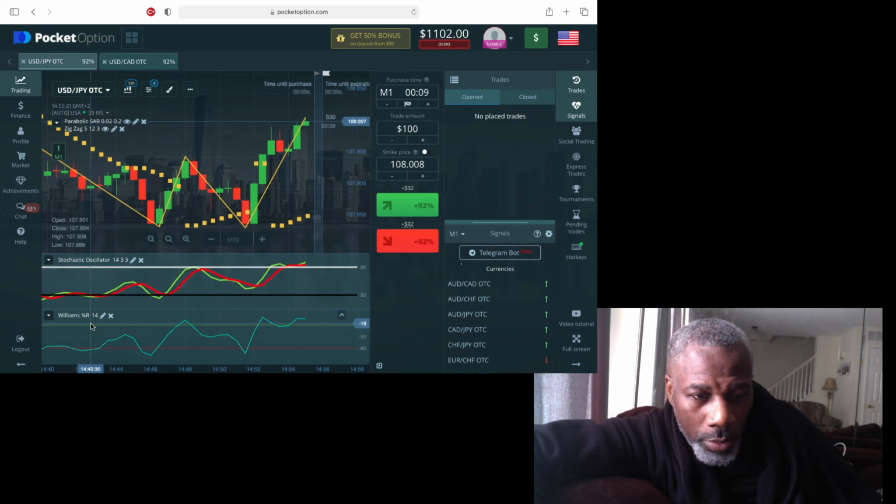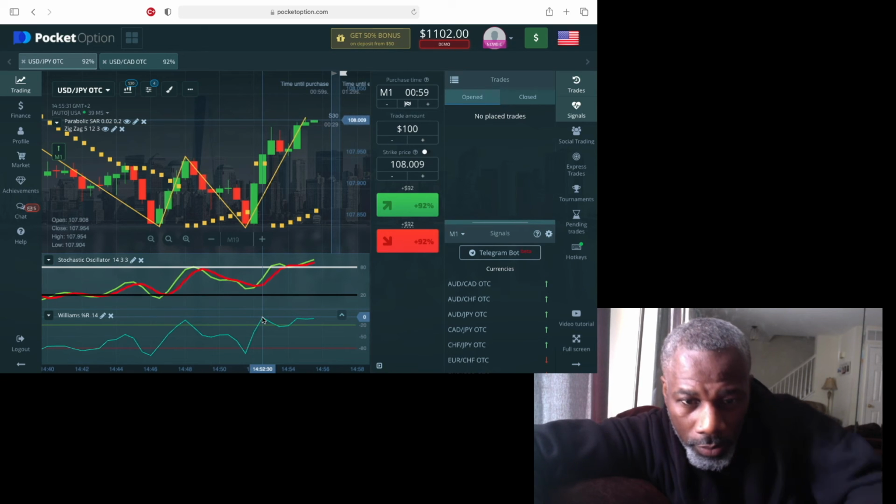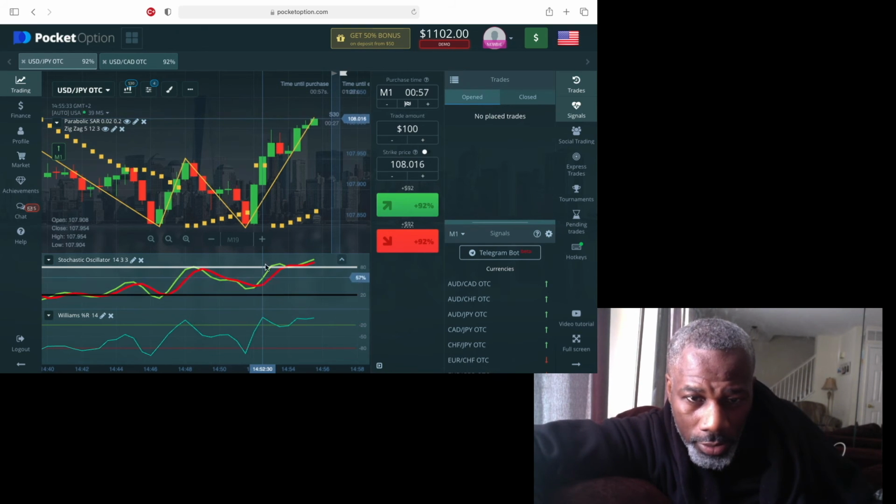Now the Williams %R is set at 14. What the Williams %R shows me is how the charts are moving as well. And if you look at it here, again, the line is showing me that this green is about to take a dip. Now the dip didn't happen strongly, it kind of rode down just a peak, but then it rode straight across for a while, and then it went up.